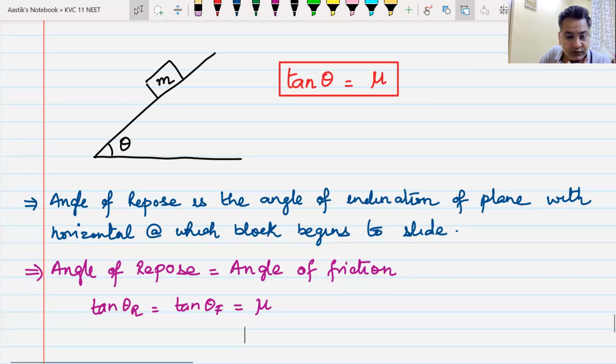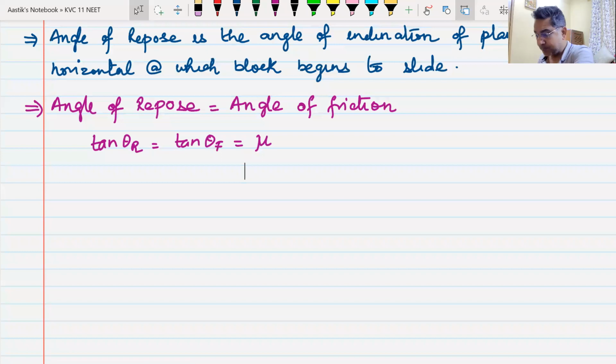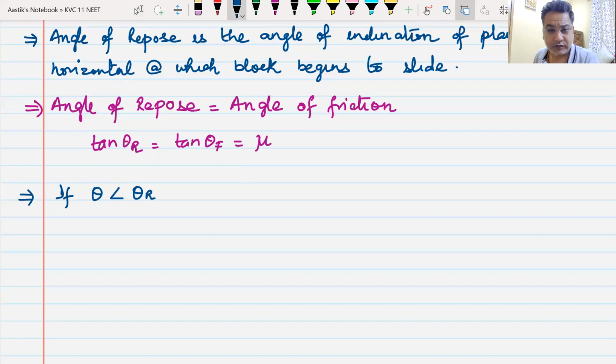Okay. So what you should remember from this discussion, if your angle of inclination theta is less than your angle of repose, if I would again try and do this, where is my floppy?